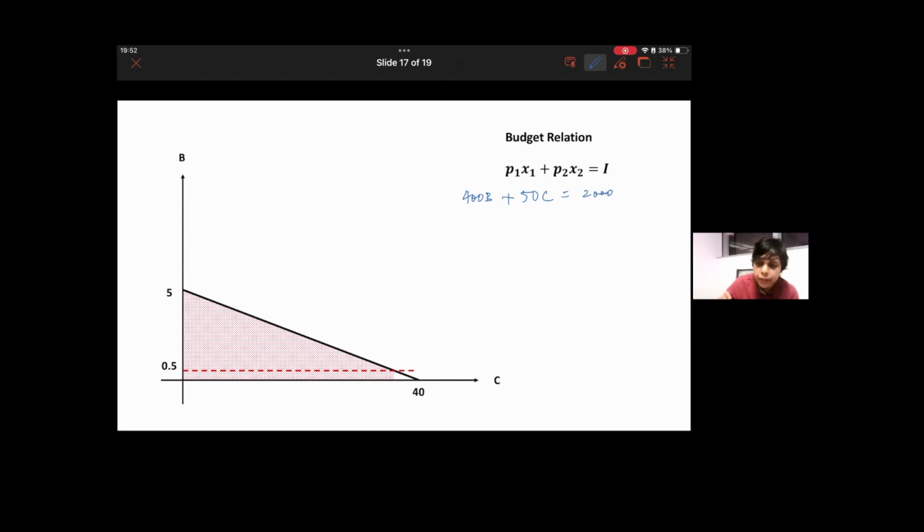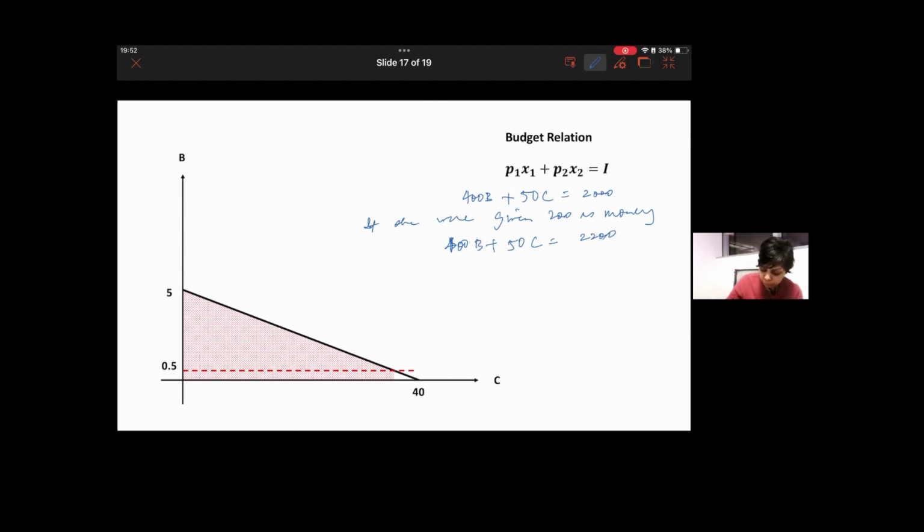If she were given 200 as money, not voucher, then this equation would be 400B plus 50C is equal to 2200, because then it is her disposable income.